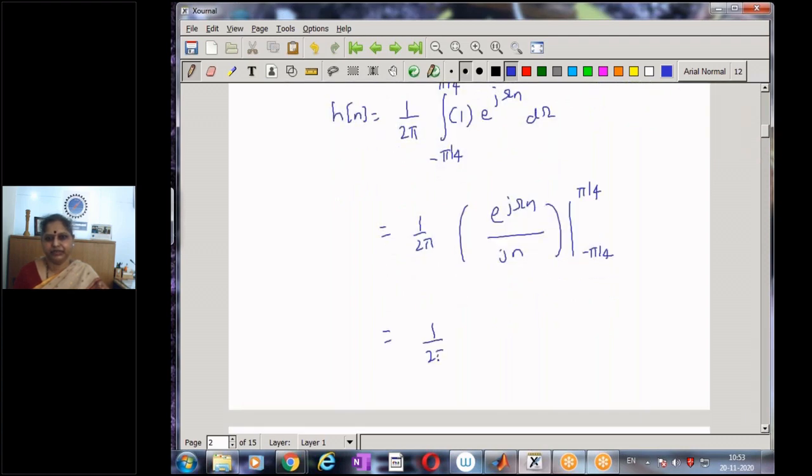This makes it 1 by 2 pi, e to the power of j n pi by 4 minus e to the power of minus j n pi by 4, divided by j n.